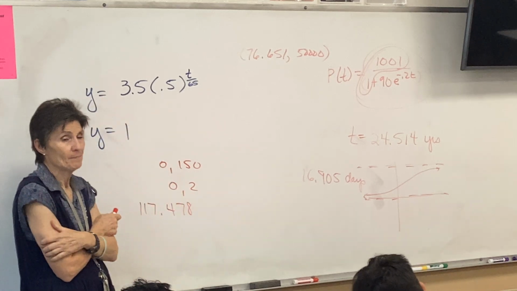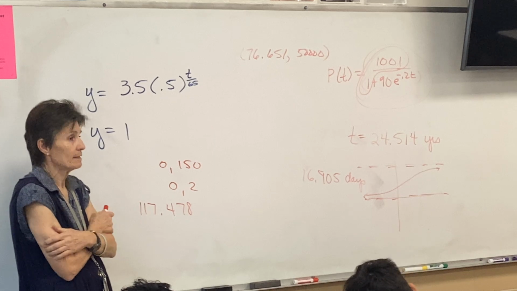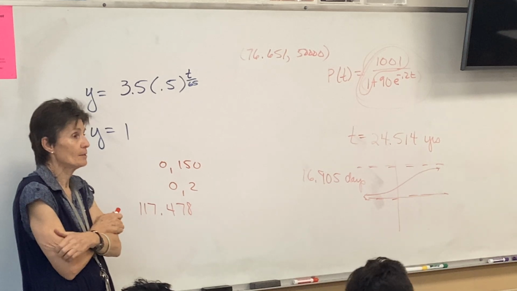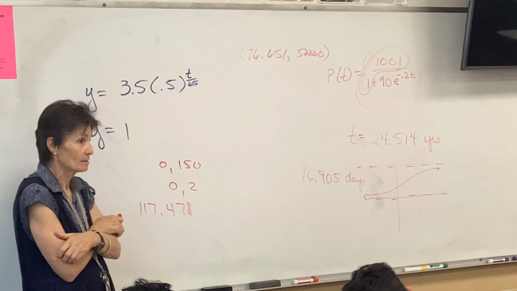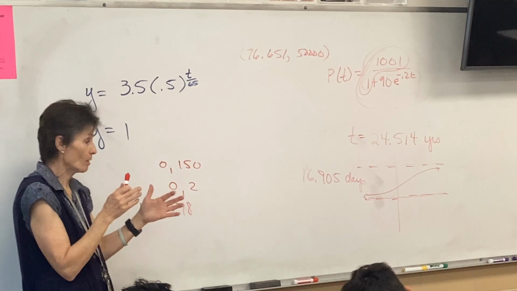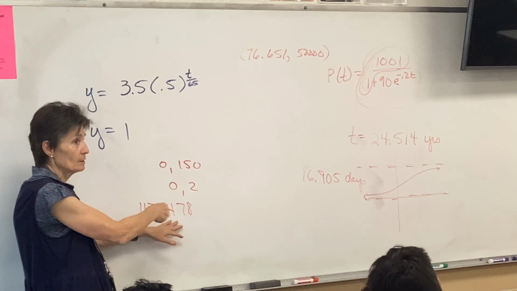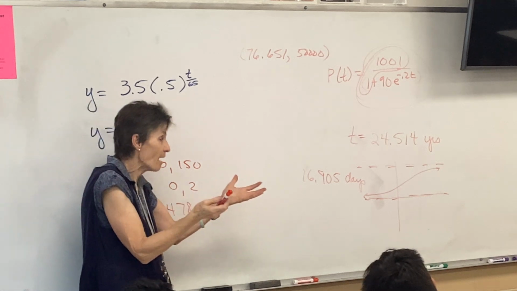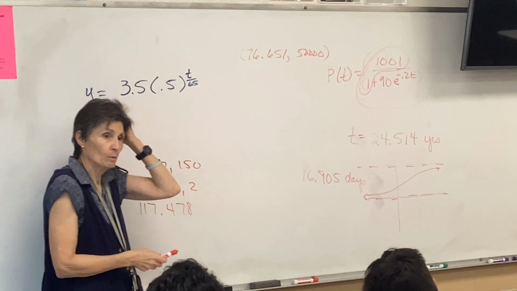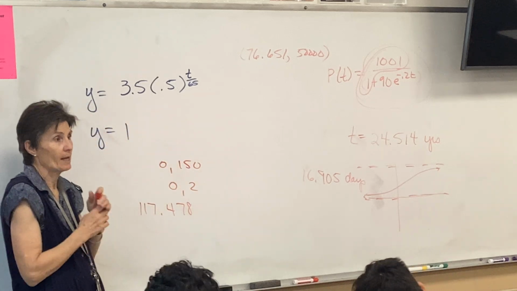Anybody else get that? Okay, so what's that mean? That means if I wait 117 days, I will have 1 gram left. So anything after 117 and a half, basically, I will have less than 1 gram left.